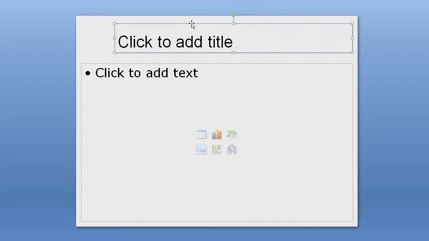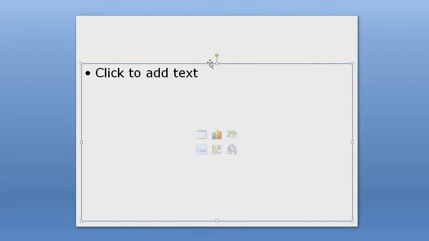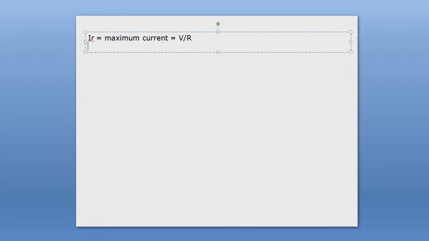What type of change will occur in this curve? You see, the resonant current or maximum current I_R equals V by capital R, where capital V is a constant.